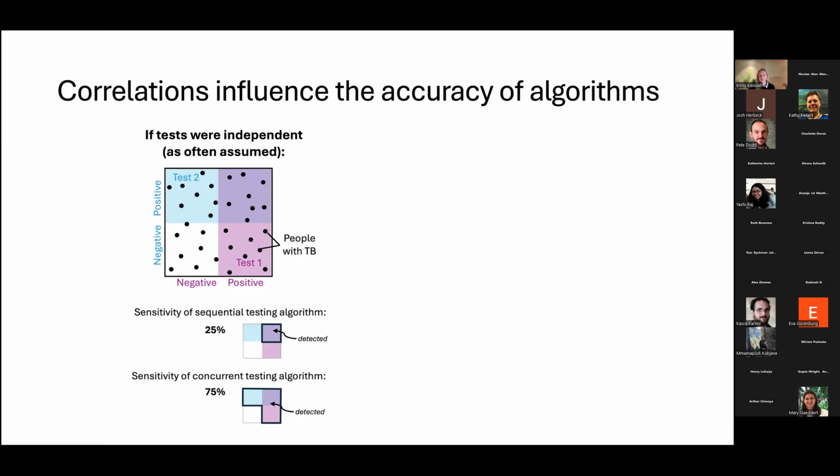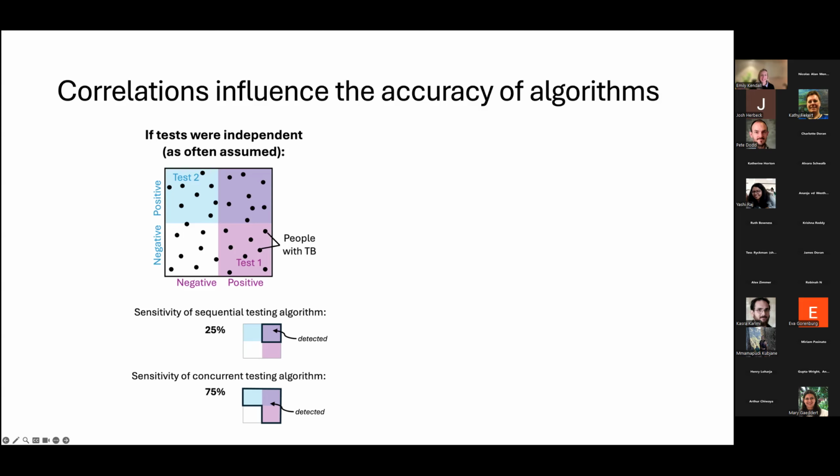And people are positive if they're positive on both. Or when we're trying to detect TB in a group that are high risk, but TB is difficult to diagnose, then we may use concurrent testing algorithms, maybe something like a sputum test plus a urine LAM, to try to increase sensitivity.